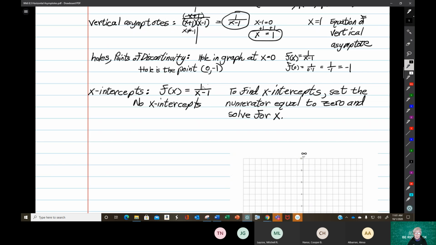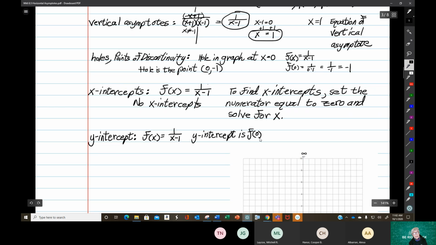Now the y-intercept. The y-intercept is where the graph crosses the y-axis. So you've got f of x equals 1 over x minus 1. The y-intercept is f of 0.